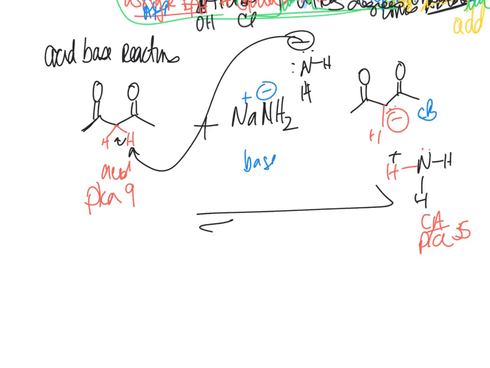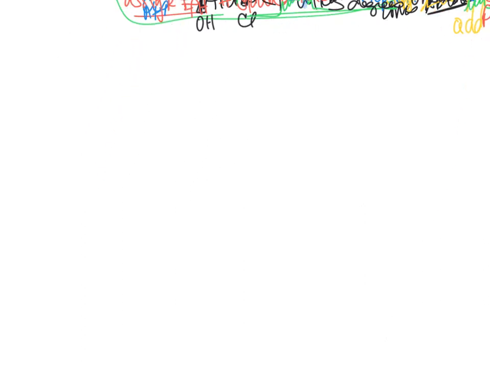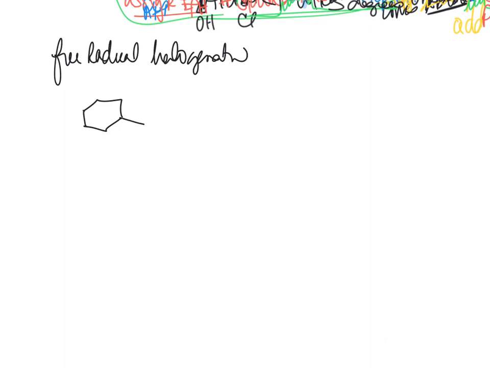Okay, the other reaction we have on your sheet is free radical halogenation. So let's do this. Okay, so if you want to do your product here, you have right here a tertiary hydrogen, and this is going to have a lower bond dissociation energy.